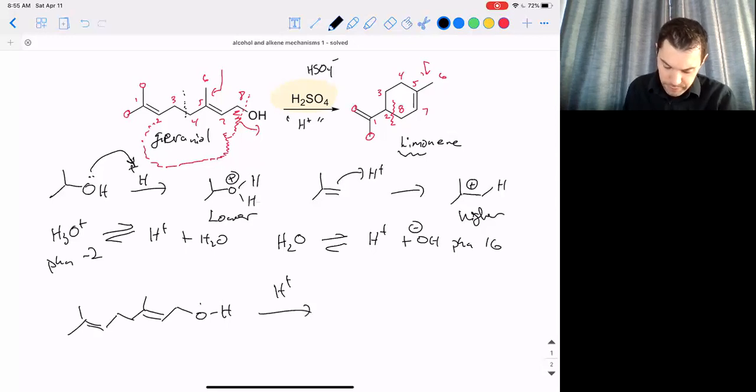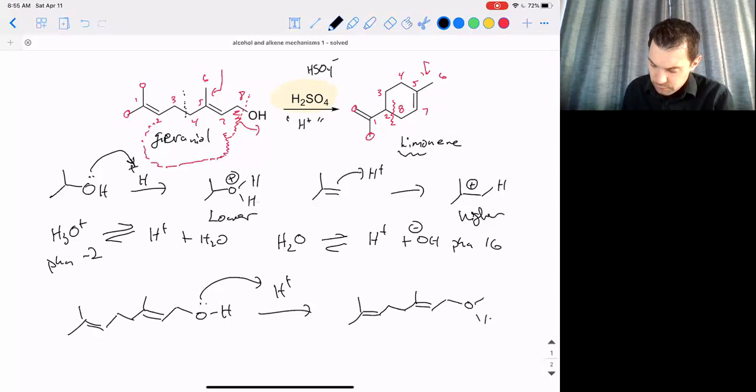All right, H+, going to protonate that. Cool. And let me see here. What do protonated alcohols do? Well, they can leave, so they're reasonable leaving groups. So let's do that.